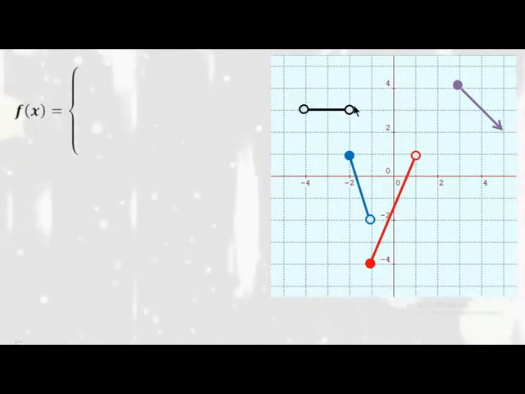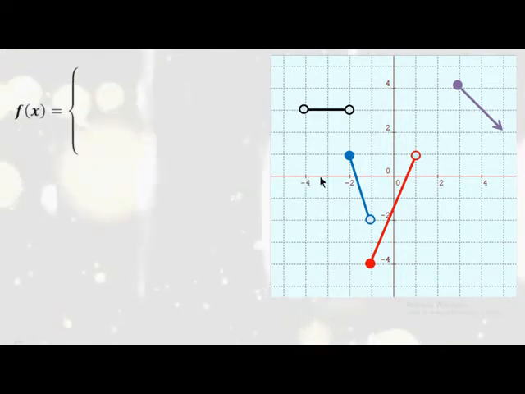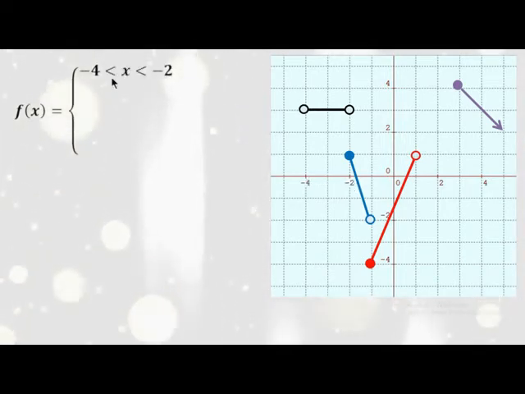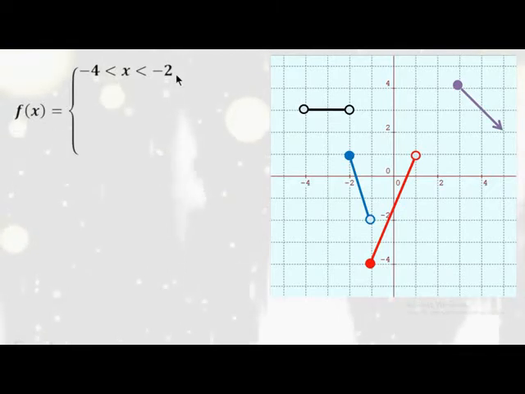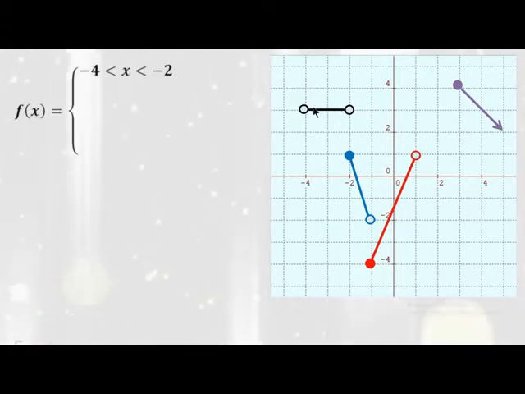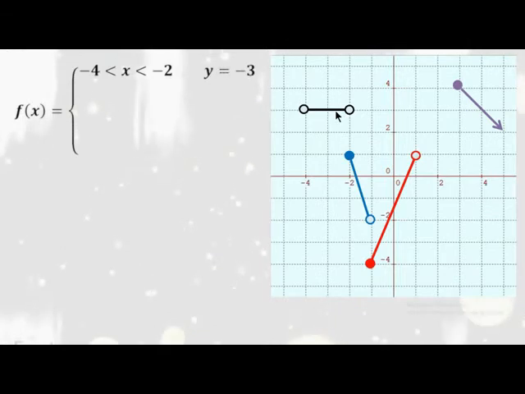So the domain starts from negative 4 until negative 2. But we don't use equal here, so the domain is x greater than negative 4 and less than negative 2. We don't use equal here because this is empty. And the equation for this line, since this is horizontal, is y equal to negative 3. How about this one?